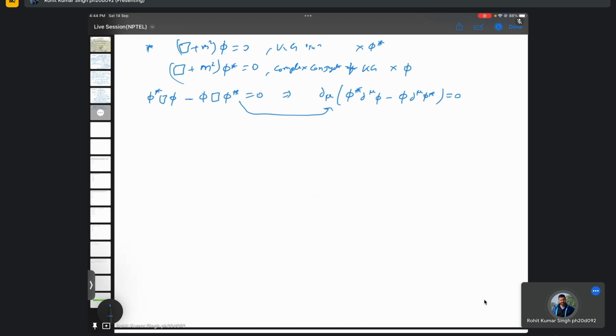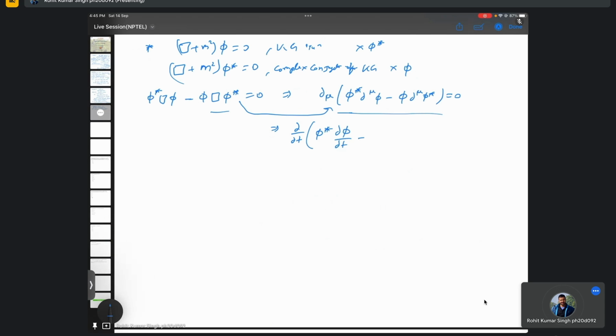I will show this when we solve a problem later, how I obtained this from here. But for now just assume that this is possible, and we can expand it in terms of time and spatial components, and we will get this.